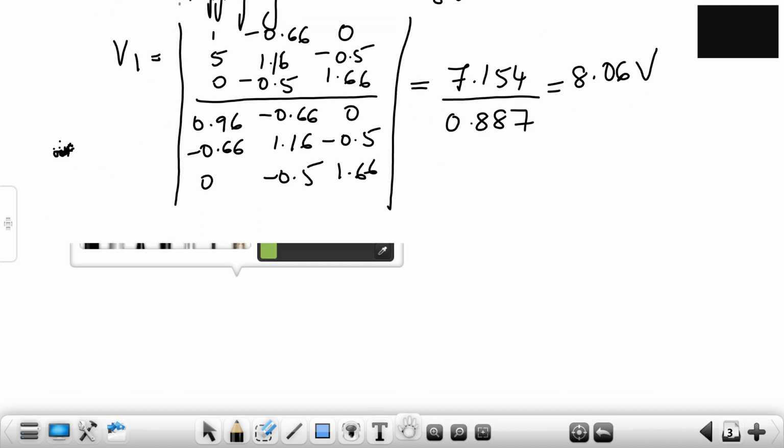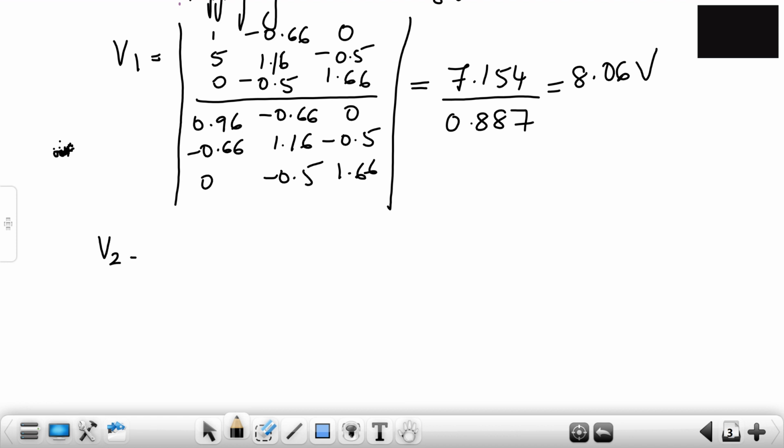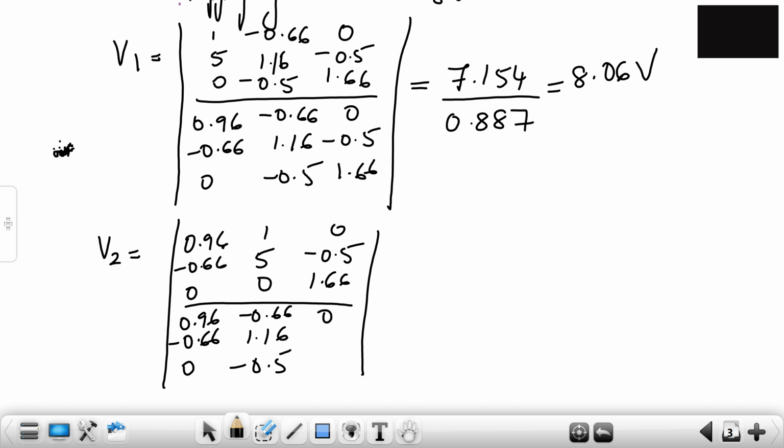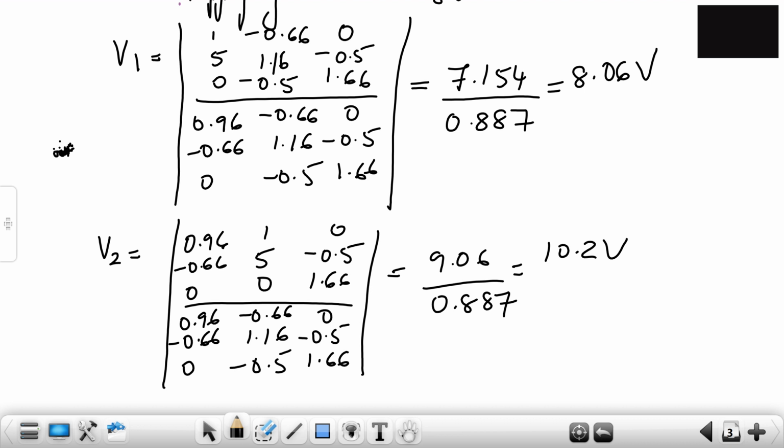And to find V2, V2 will be 9.06 upon 0.887, which is equal to 10.2 volts, and V3.